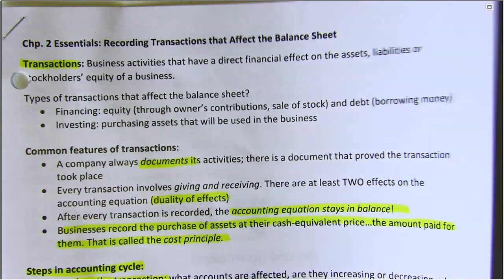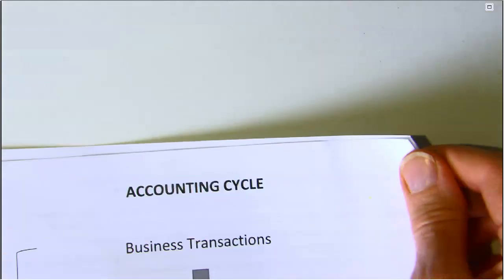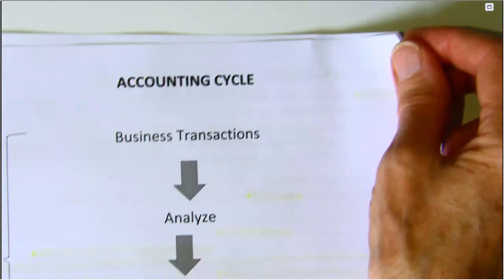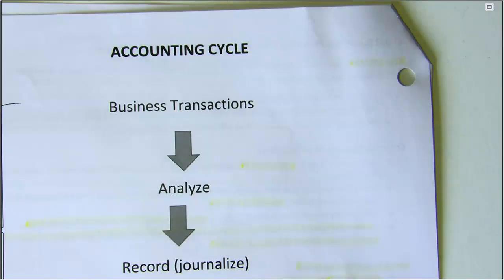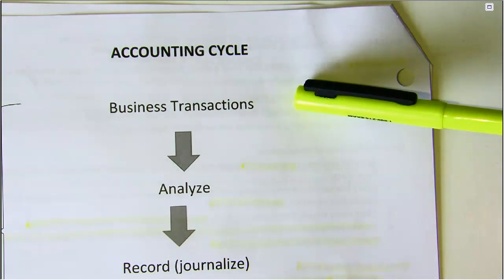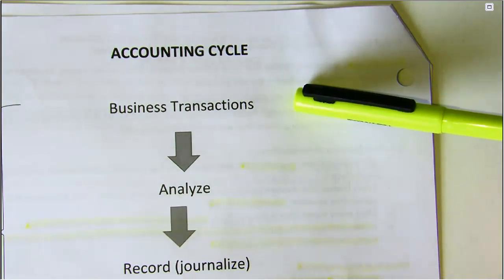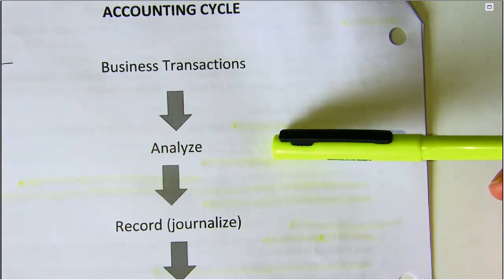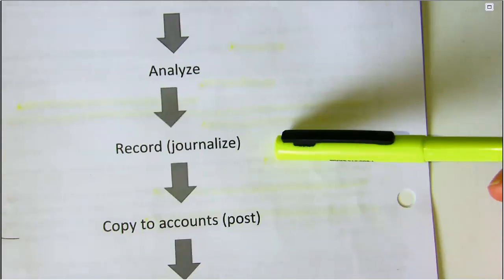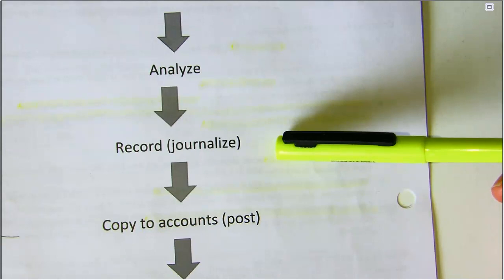Now let's just take a look at how what we're learning in this chapter affects the accounting cycle. And here's the accounting cycle. The business transaction takes place. We then analyze it to see what accounts are affected. Are they increasing or decreasing? We record that transaction. That means journalizing it, and we'll learn how to do that in the next mini lecture.